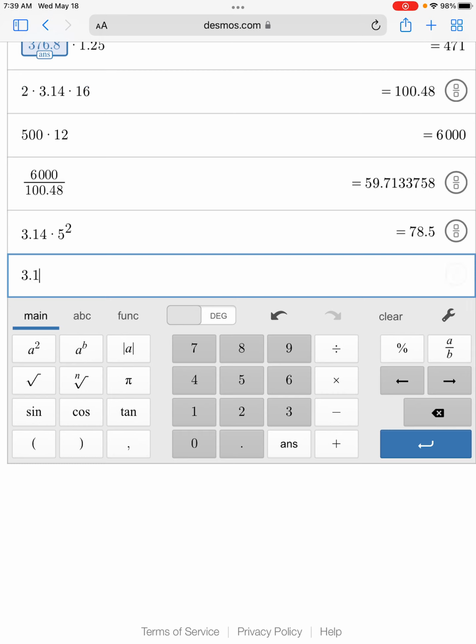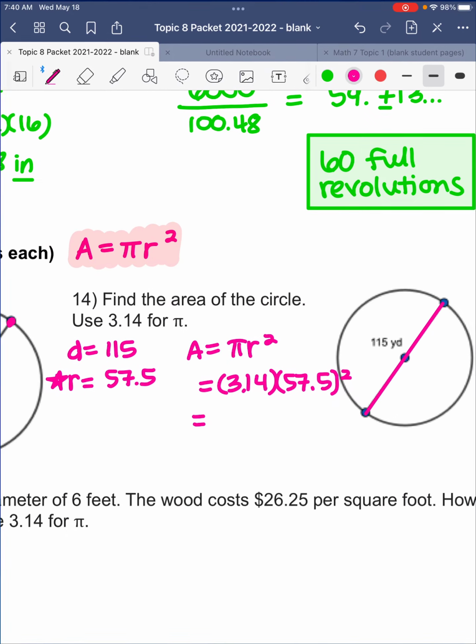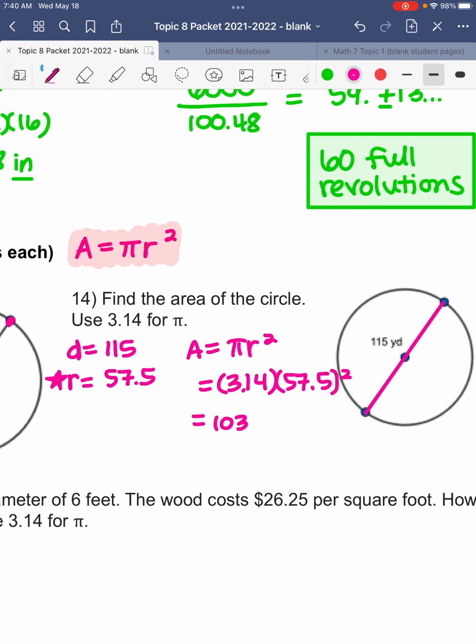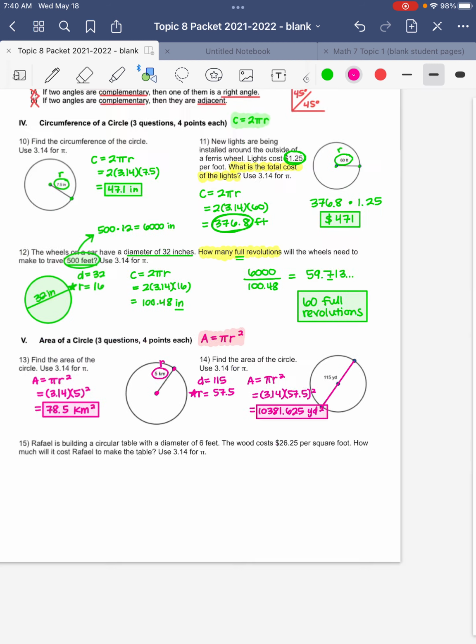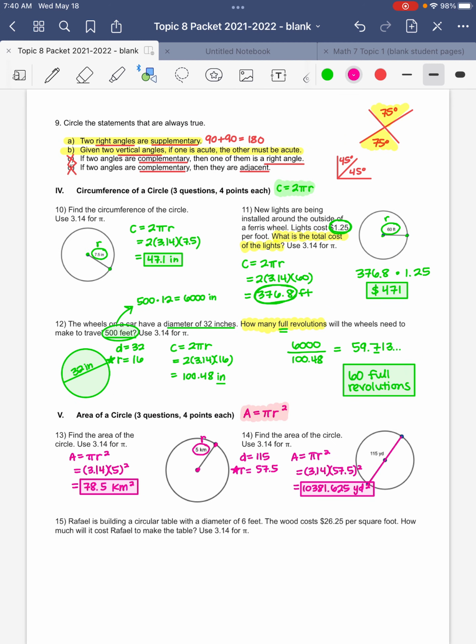So 3.14 times 57.5, and I hit that a squared button underneath main to square that, and I get 10,381.625. So 10,381.625, and my unit is square yards. Okay, let's move on to number 15.